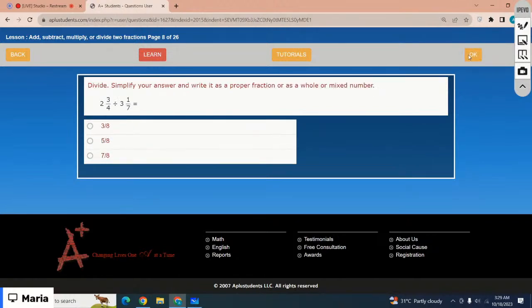Okay, the next one is 2 whole 3 by 4 divided by 3 whole 1 by 7. So which is the correct option?